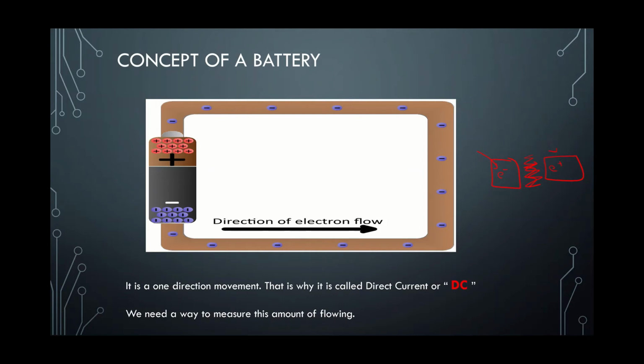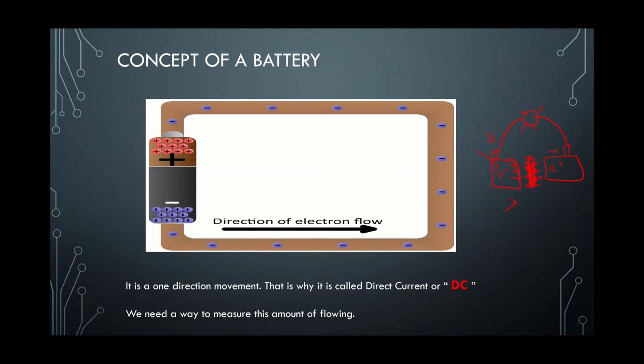Now, if these are the terminals, not connected, the electrons here are trying to move in this direction to achieve the balance, but the separator will prevent that. So what will happen? It will remain as it is in the battery until you connect, for example, a lamp.